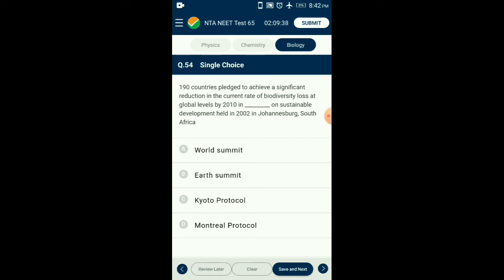The Earth Summit held in Rio de Janeiro in 1992 called upon all nations to take appropriate measures for conservation of biodiversity and sustainable utilization of its benefits. In a follow-up of the Earth Summit, 190 countries pledged their commitment to achieve this by 2010. So the answer for this question is option A, World Summit.